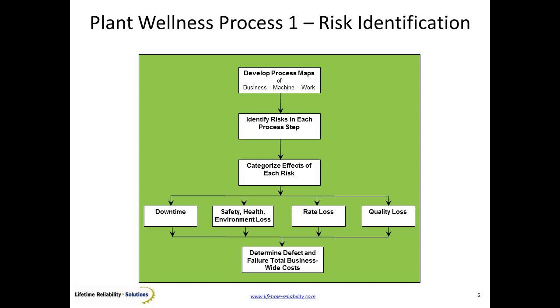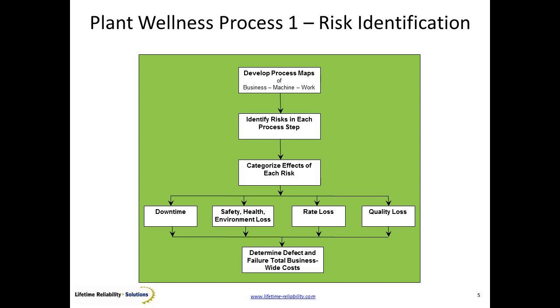The risk in each step, and to identify the risk, we're going to go back to our physics of failure listing and actually say, what if there's a fire? What if there's a high vibration? What if it's been incorrectly assembled? And actually say, if these things can possibly happen along this process, is it important if they do or if they don't? If it's important that they don't happen, then we're going to say, what are we going to do about that? And then we start building the solutions into our procedure.